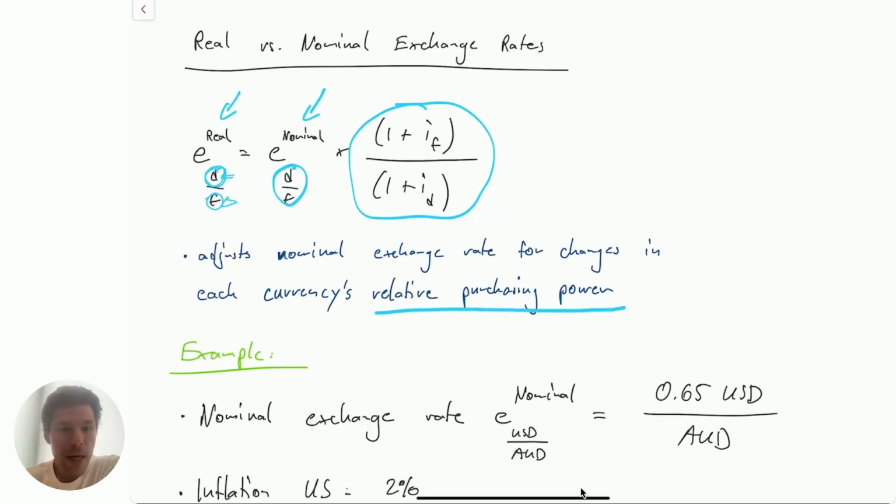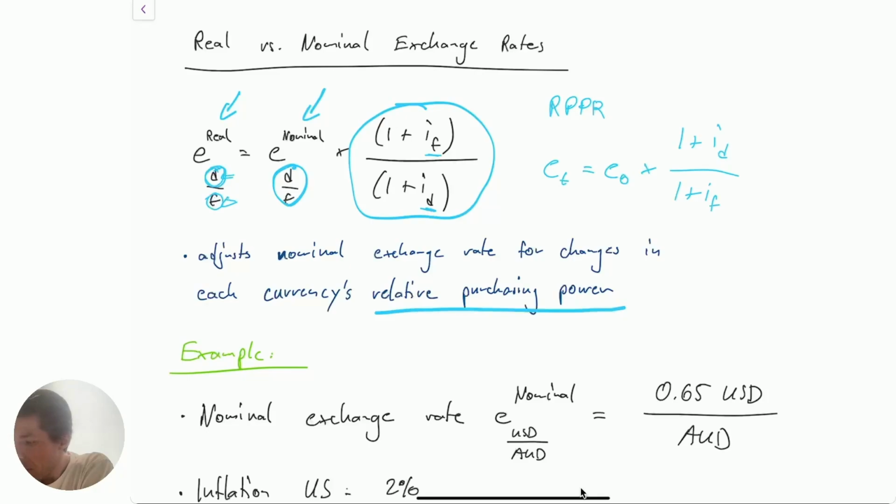And then when you type in your inflation numbers, it is the opposite. D is here, F is here. Sometimes very confusing, because we have another formula for relative purchasing power parity, which is E_T in the future equals E_0, exchange rate today, times (1 plus I_D) over (1 plus I_F), where D, F looks very, very similar.